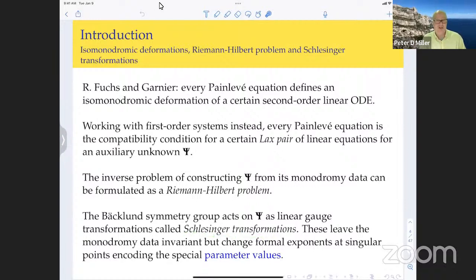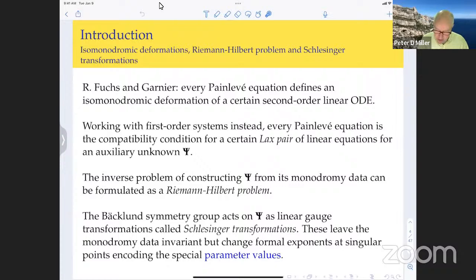So these Schlesinger transformations don't affect the monodromy data, but what they do is change some formal exponents in the Riemann-Hilbert problem at certain singular points. And the way that these exponents are important for us is that they are encoding the special parameter values where we have, say, an algebraic solution, a rational solution of the Painlevé equation.